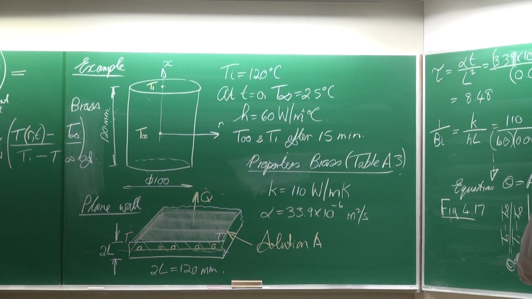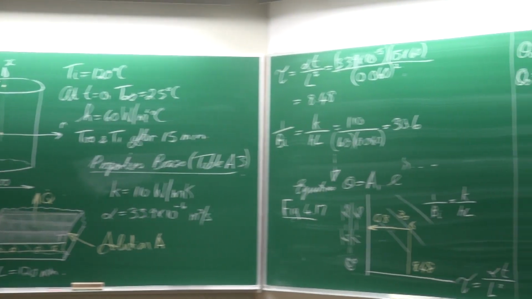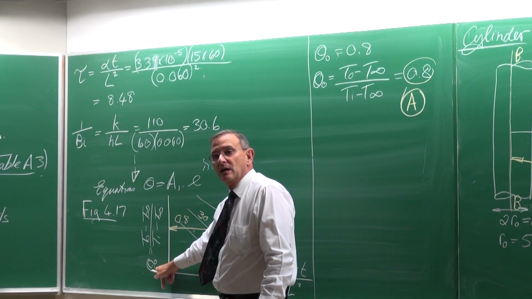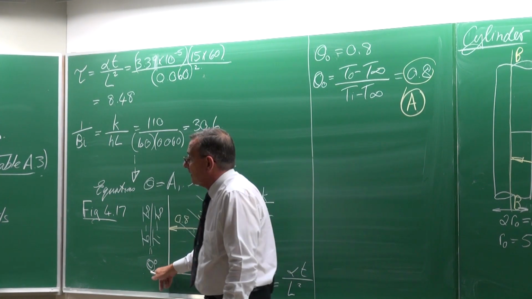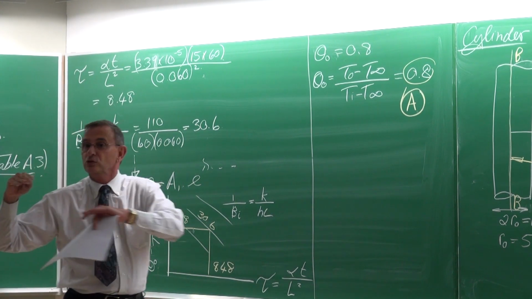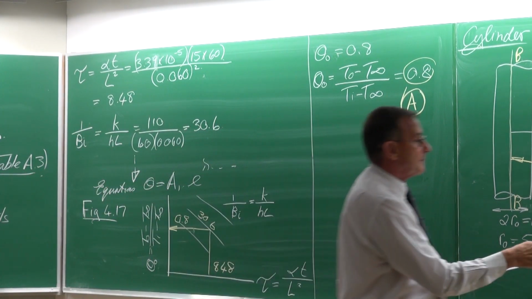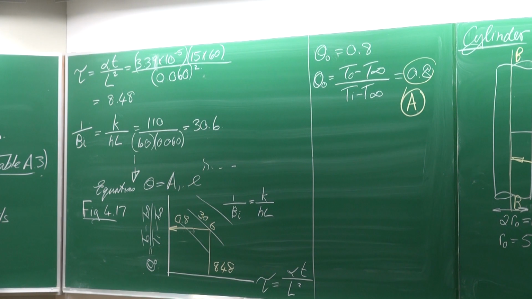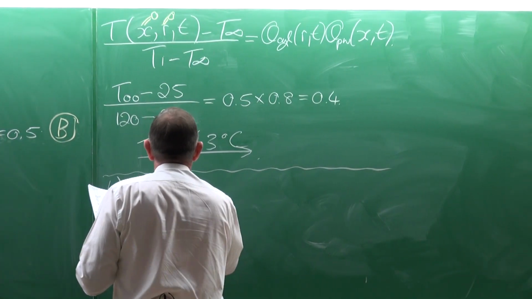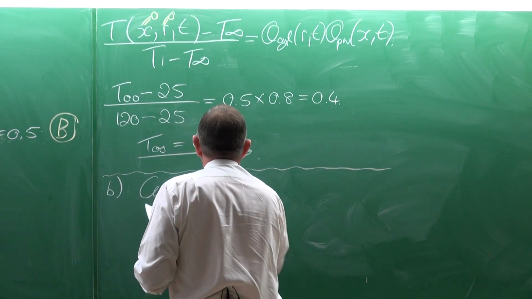If we look at the case of the plane wall, what do we have to do differently? For the plane wall case, we do not want the temperature where x is equal to 0, we want to know it where x is equal to L. So the second part is the center temperature, the center of the top.